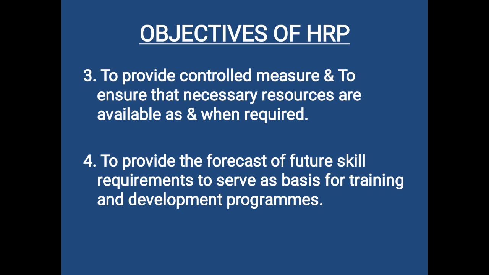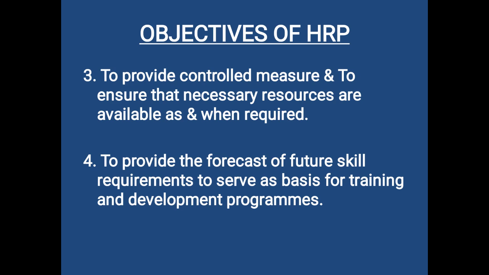Whenever there is a demand, at that time only there should be a supply, because it is the time when the company needs the human resources. So through HR planning there will be controlled measures, and there will be estimation and planning of how many people we will require.